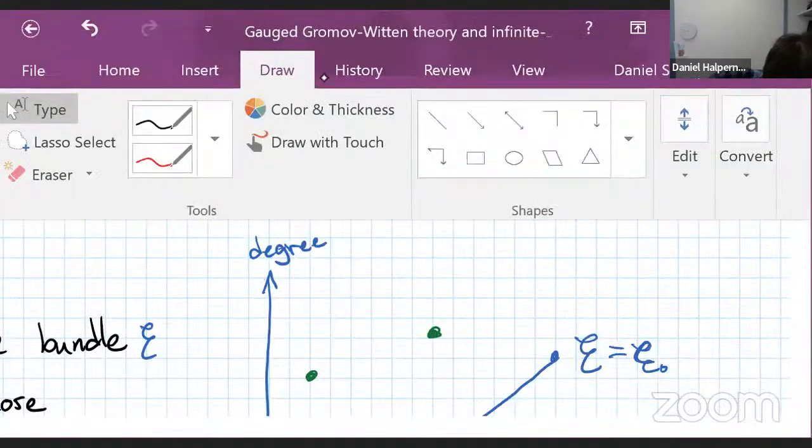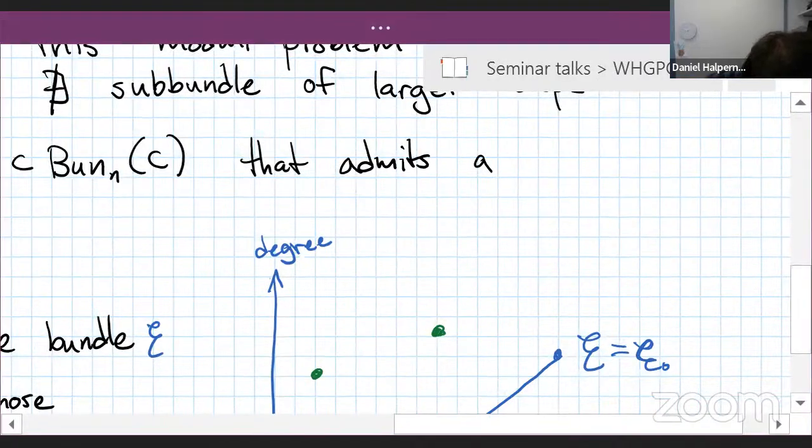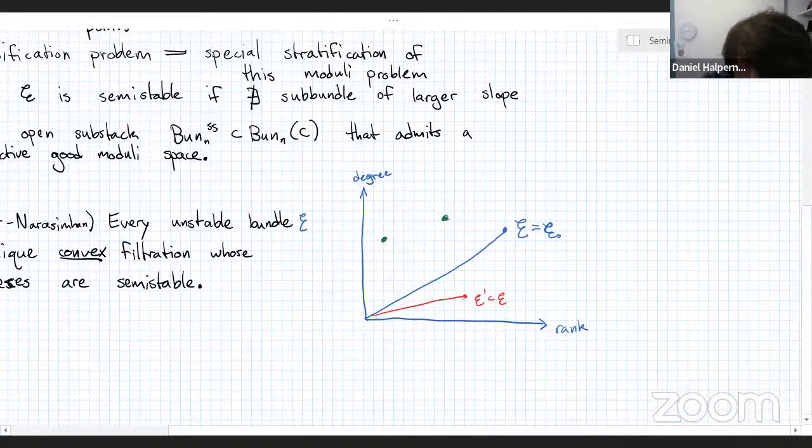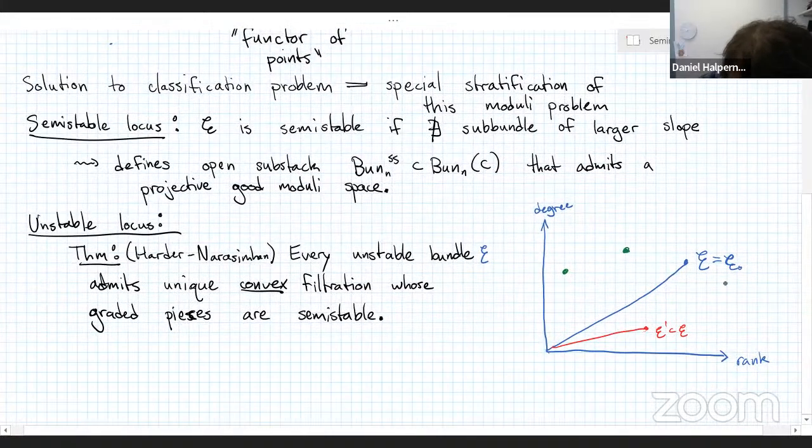Sorry, I'm having a little issue with my stylus here. So this is E1 and this is E2.